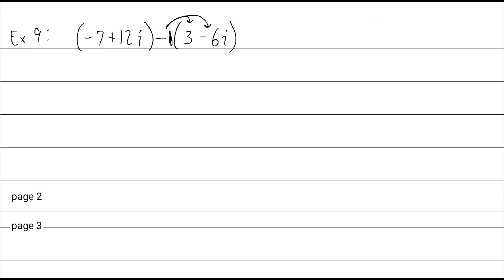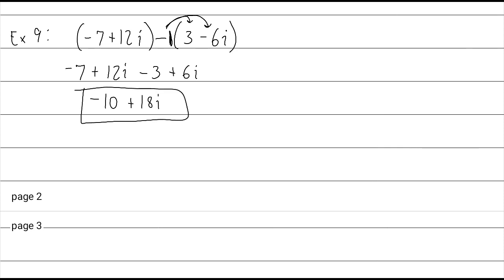So what does that end up looking like? Minus 3 plus 6i. Negative 7 minus 3 is a negative 10. Positive 12i plus 6i is going to be a positive 18i. So negative 10 plus 18i.